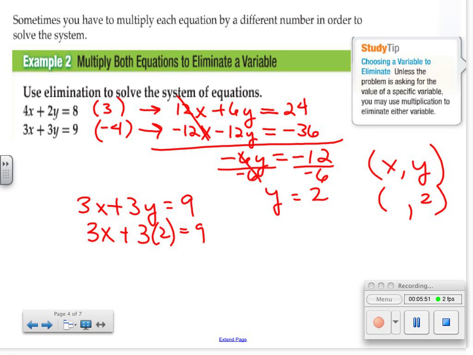So 3x plus 3 times 2 equals 9. So 3x plus 6 equals 9, minus 6 minus 6, and I get 3x equals 3, so x equals 1. And there's my solution. Okay, guys? Not so bad.